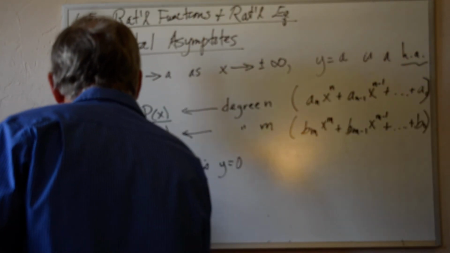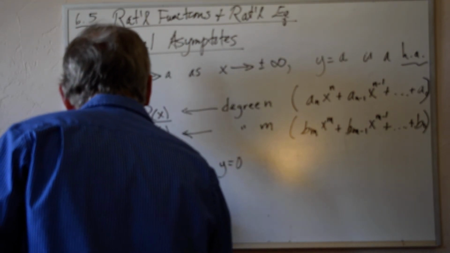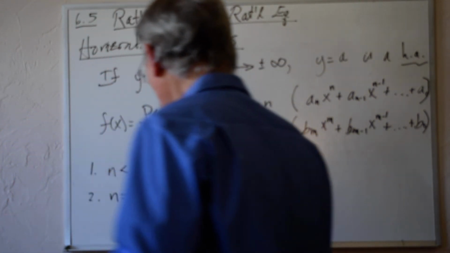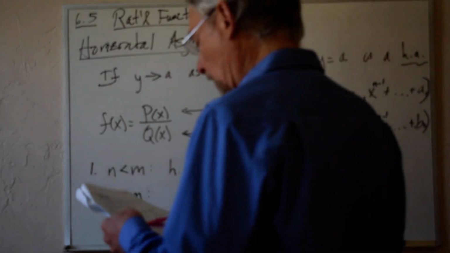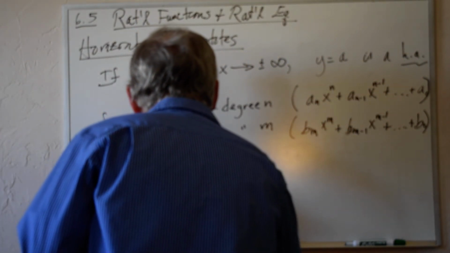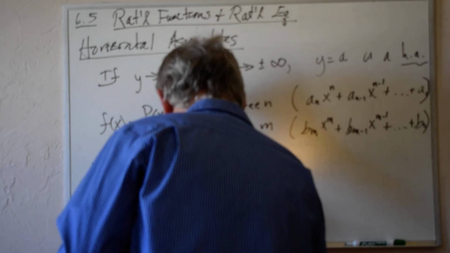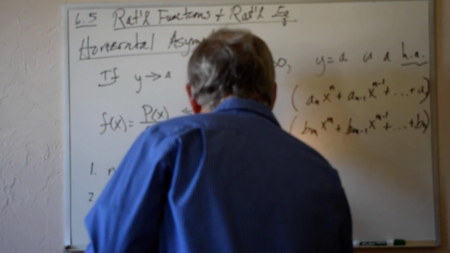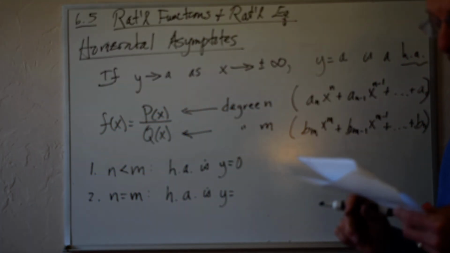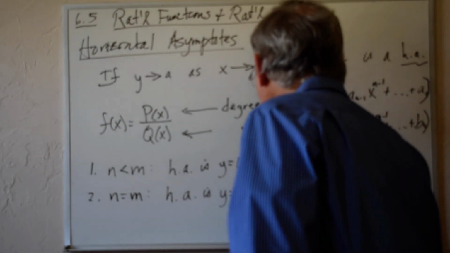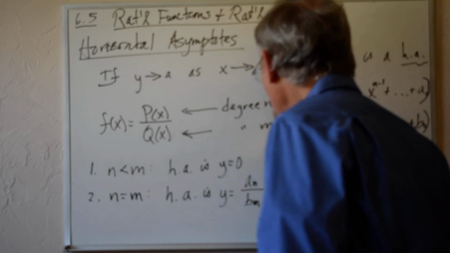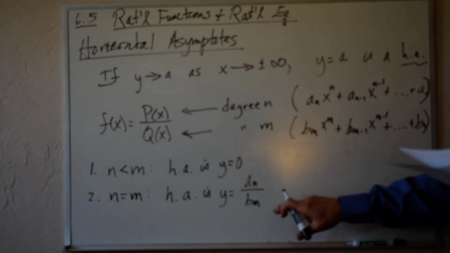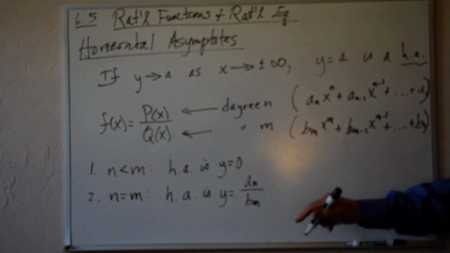The second thing that might happen, they could be equal. If that happens, there is also a horizontal asymptote. And it's the horizontal line y equals a sub n divided by b sub m. In other words, it's the ratio of the lead coefficients, right?